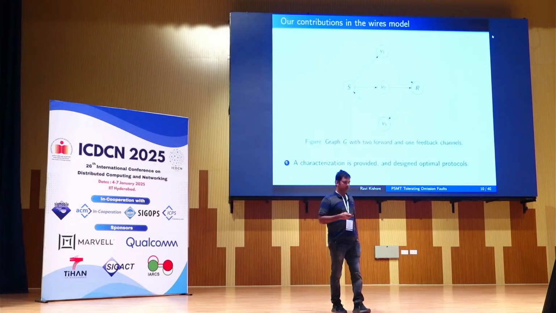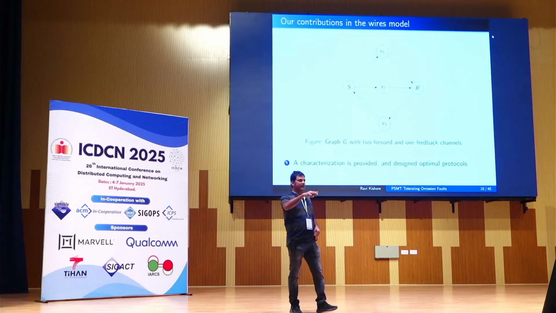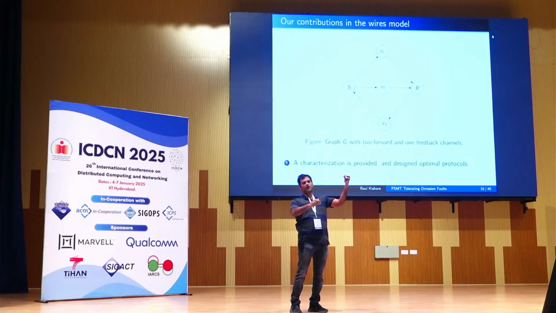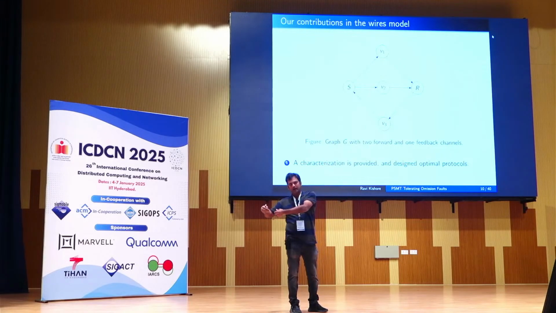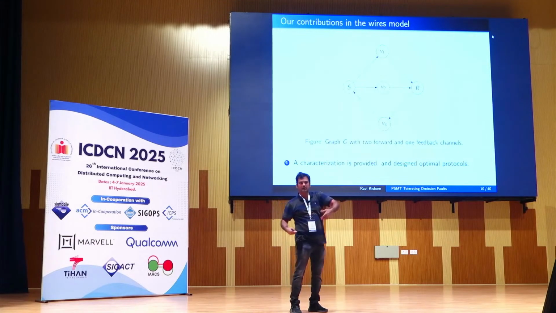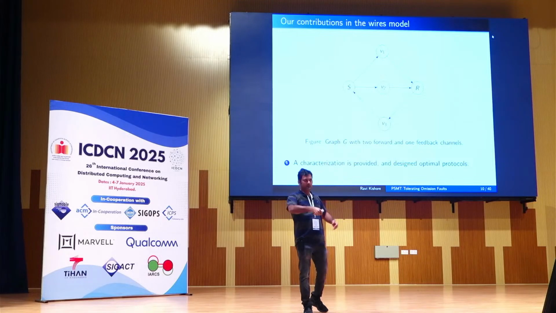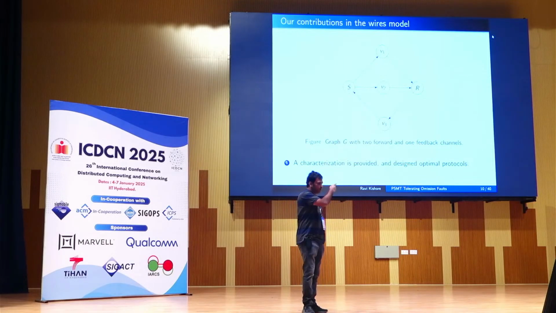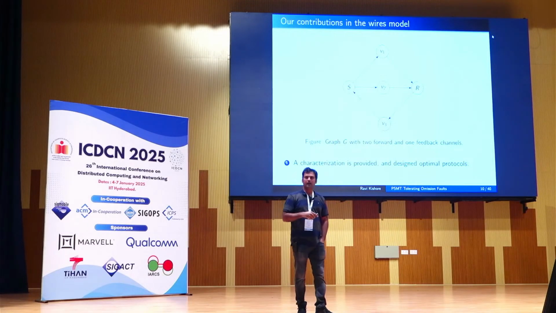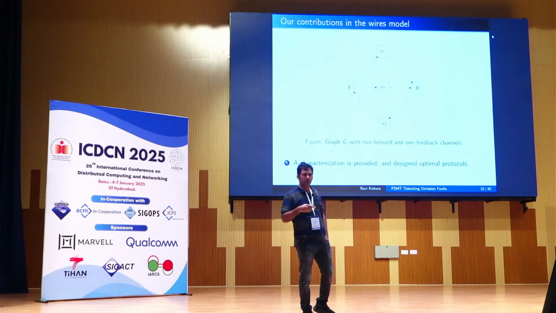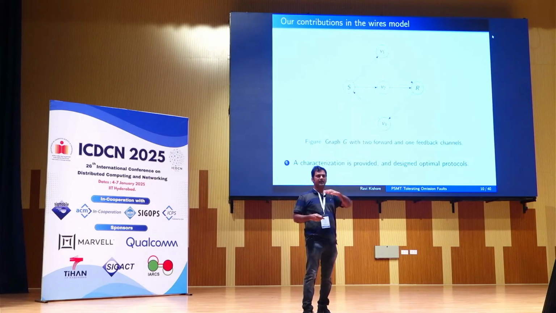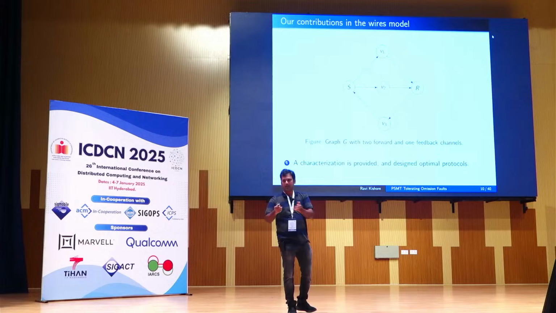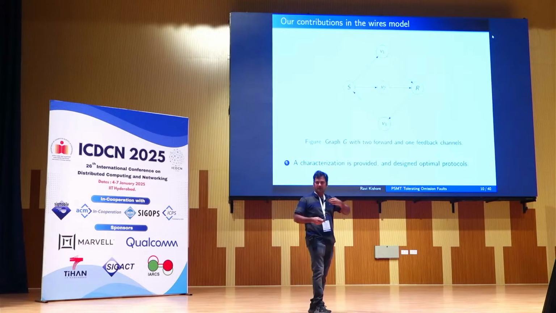And then the wires model. What is the wires model? Now the network is abstracted as a collection of disjoint paths from sender to receiver and a collection of disjoint paths from receiver to sender. The paths from sender to receiver are known as forward channels, and the paths from receiver to sender are known as feedback channels, because once the sender sends some information, if something happens, then using feedback channels the receiver may be able to communicate with the sender.